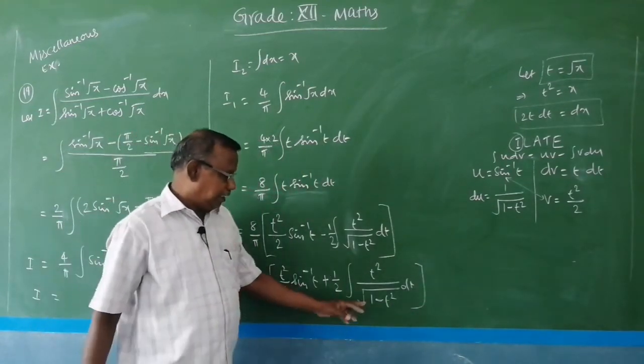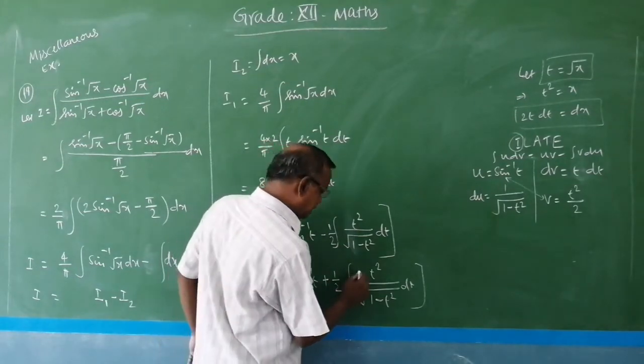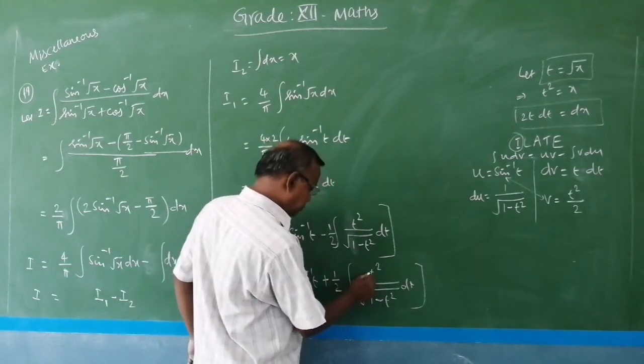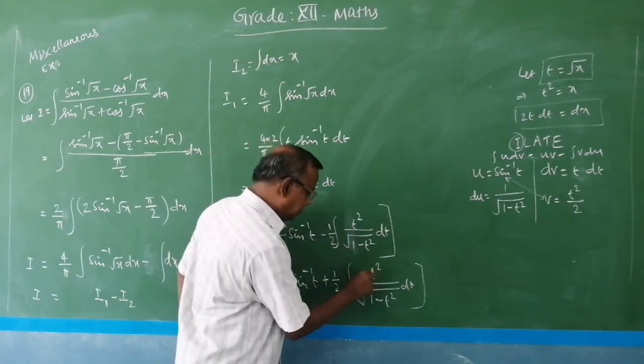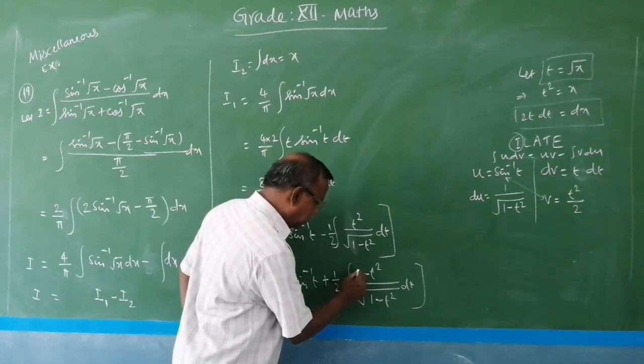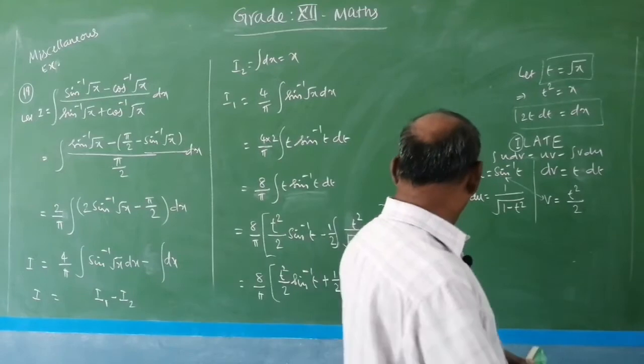Now for our convenience, let us add 1 and subtract 1 in the numerator. Accordingly, when we take the minus to the t square, it is minus t square. Now add 1 and subtract 1.